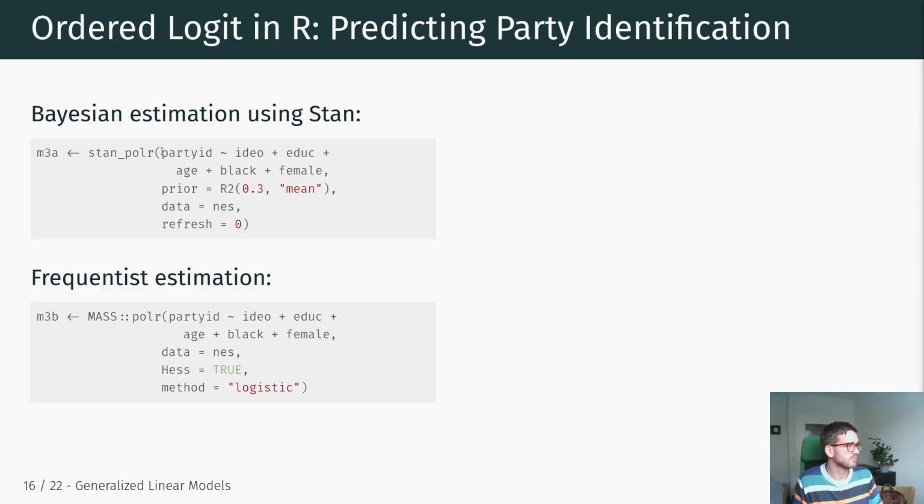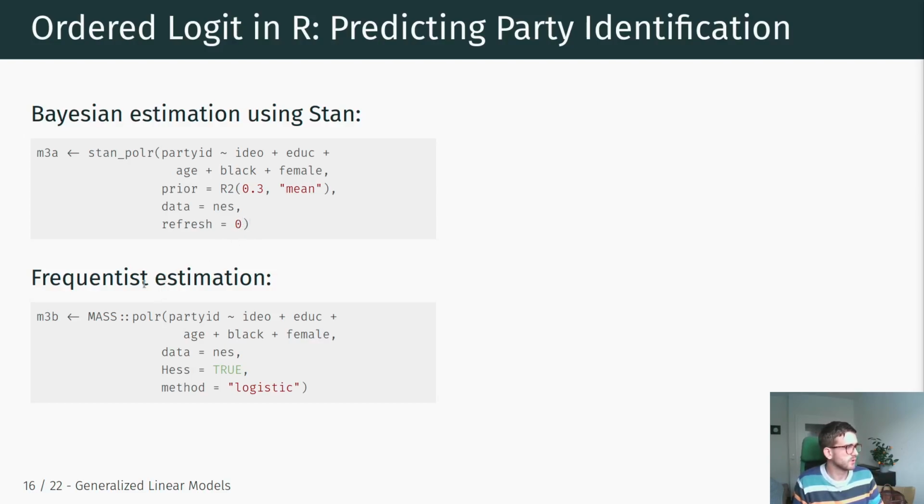And our model formula is of similar structure as before. We have our outcome measure, party ID, and we have our 5 predictors. We have to specify a prior for our R squared, and then we can again omit the sampling output with refresh equals 0.